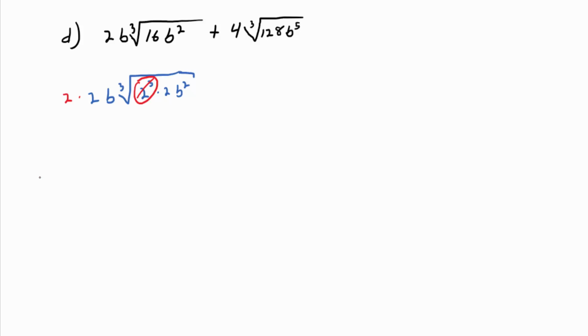Let's simplify the other radical. Don't forget the operation is plus here, so bring down the plus. And then, 128, I might have to do a little factor tree on 128. What numbers do you think of multiplying together to make 128? 2 and 64 would work, right?